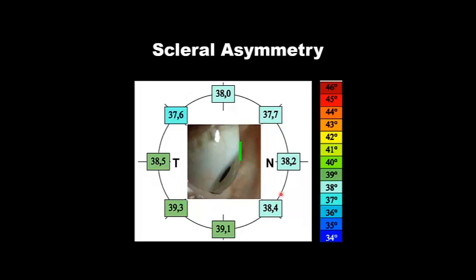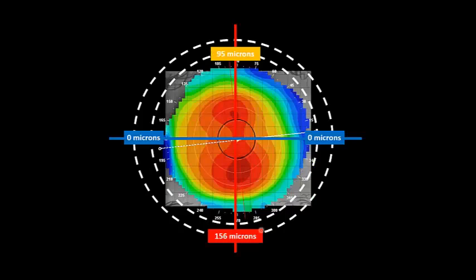Now, is that a lot, 1.7 degrees? Basically, that works out to approximately 150 microns, which is the greatest amount of toricity on the sclera. In the vast majority of cases, the scleral shape is with the rule.